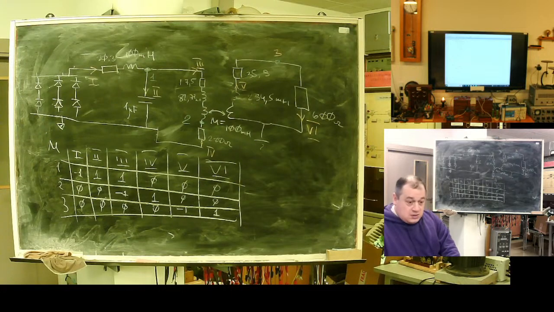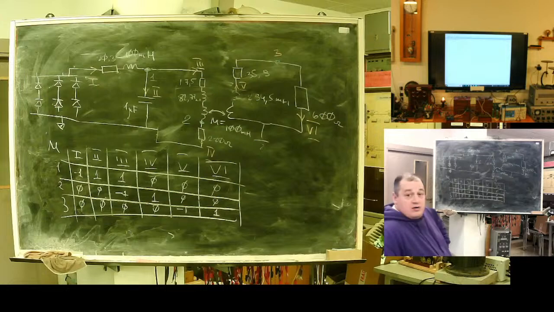This one 0, 0, 0, then -1, 1 and 2 zeros and 4 zeros, 0, 0, 0, 0, -1 and 1.